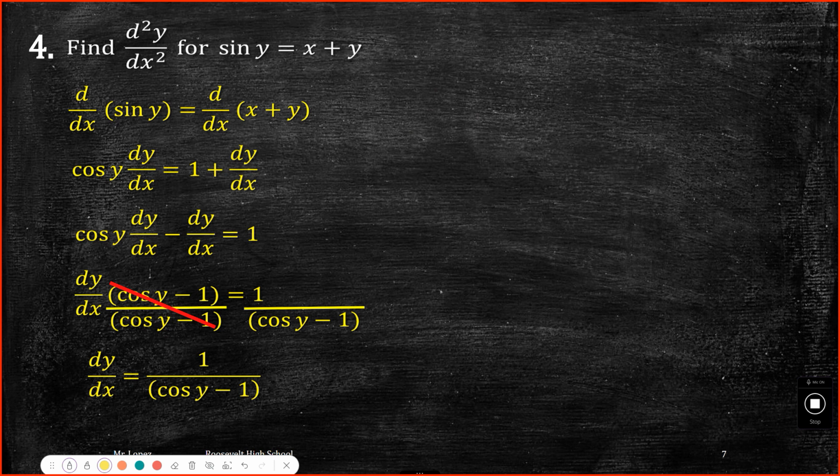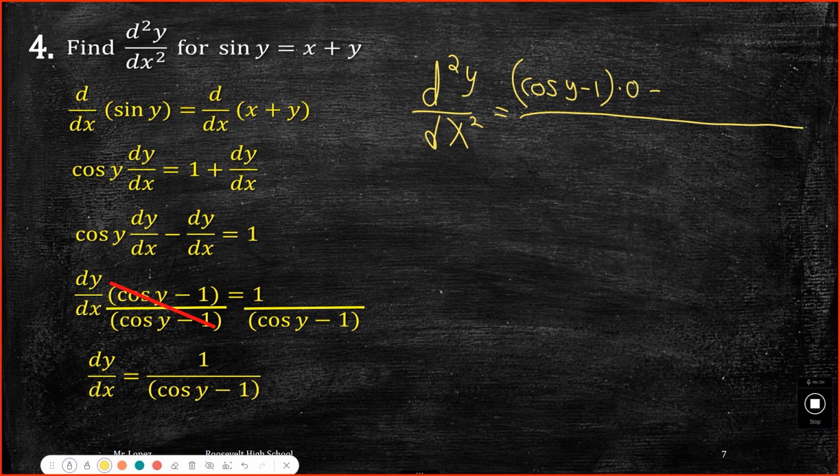Let's see, so if we continue on with the quotient rule, minus the top times the derivative of the bottom.